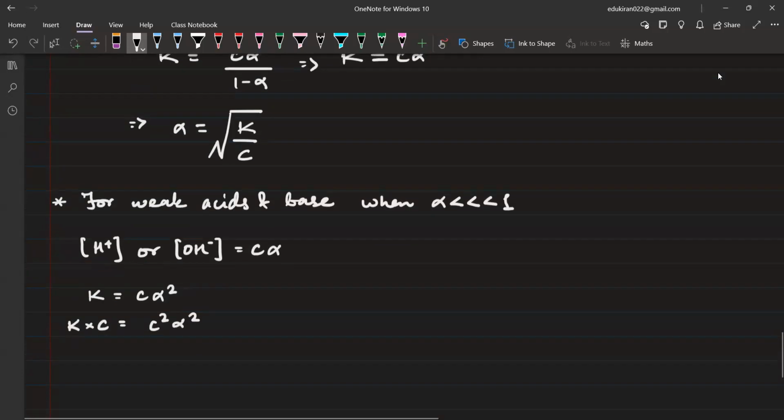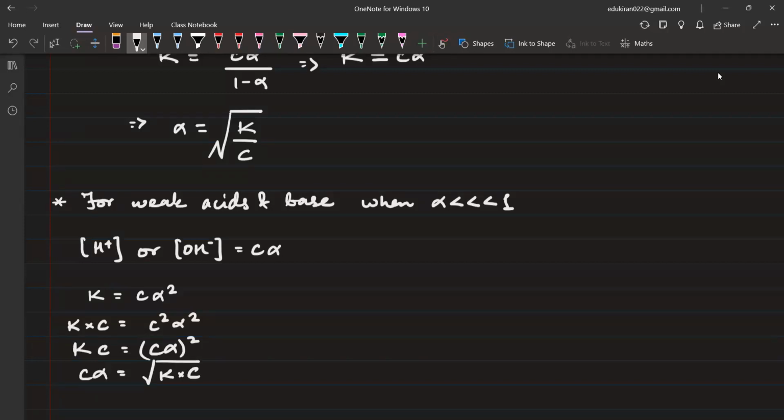ठीक है, ध्यान दीजिए, अब यहाँ पे आपके पास क्या है, Kc is equal to C alpha whole square, and alpha will be equal to under root K into C. ठीक है, now what is C alpha? C alpha is the concentration of H plus or OH negative.